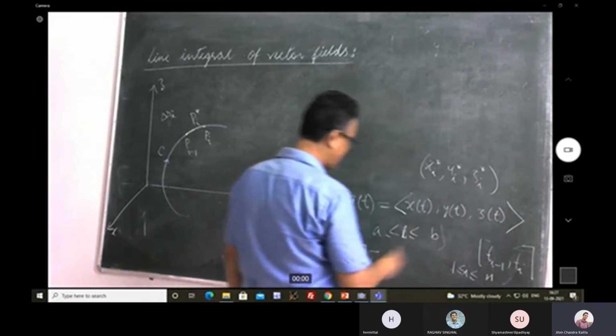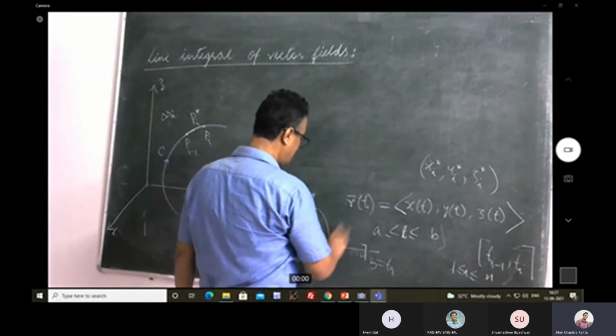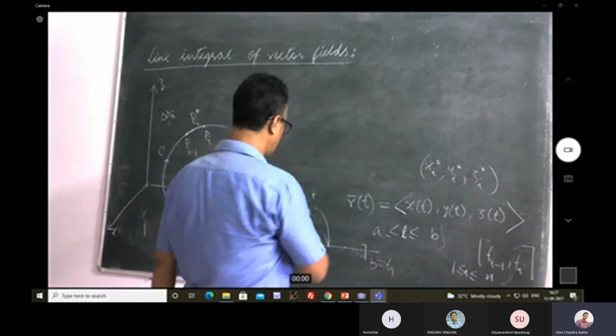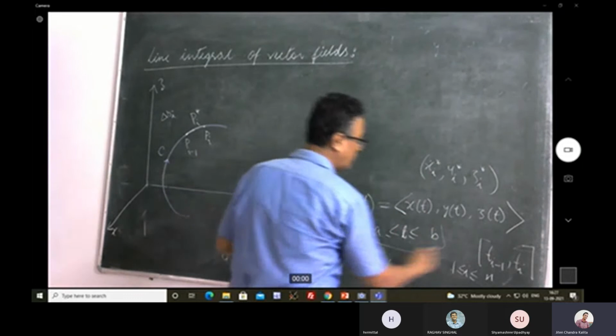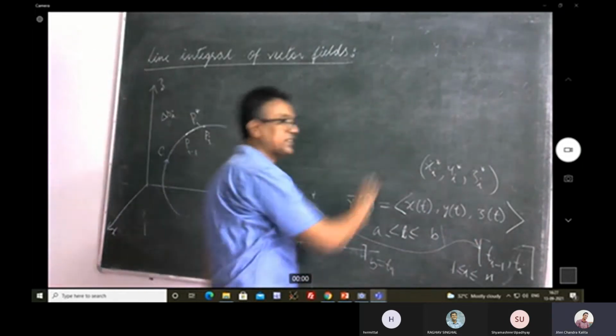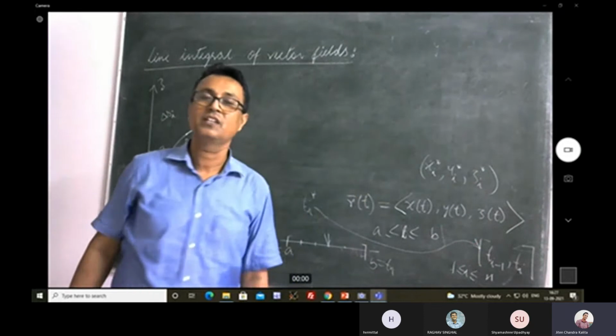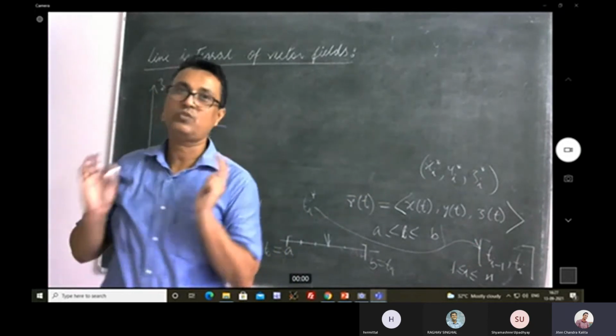So there exists some point ti star belonging to this interval such that xi star equals x(ti star), similarly for yi star and zi star. You know that.